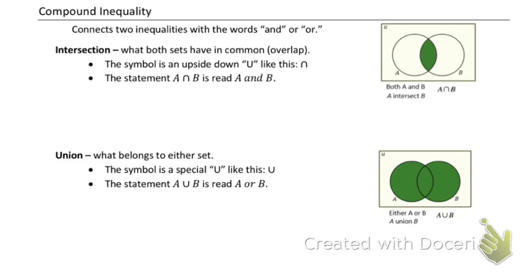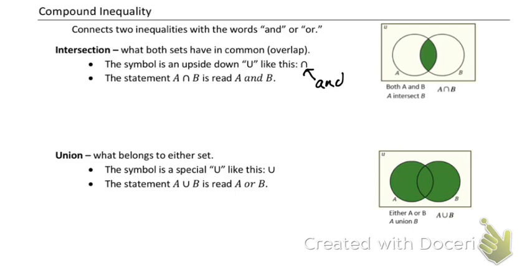But it's just an upside down U. And that upside down U in math stands for and. That's why the next statement says A upside down U B is read A and B. In fact, that's the name of the symbol. It says and. So you have to be in set A and in set B. As you can see in that picture, it's just that overlap.